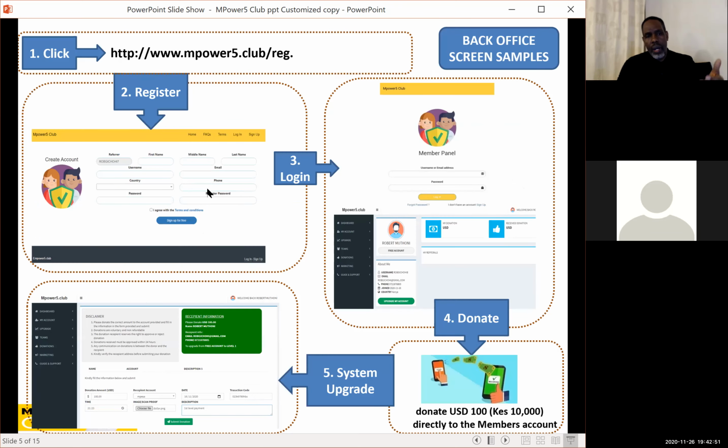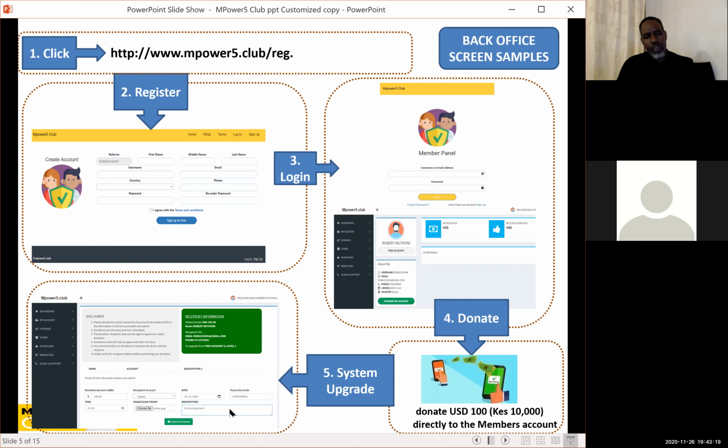So when Simon, for example, sends you his link, you will have a form like this. You fill in your details, and then you log into the system. Then you click a green arrow which says upgrade. When you click that arrow, it shows you the person you are supposed to send the money to.